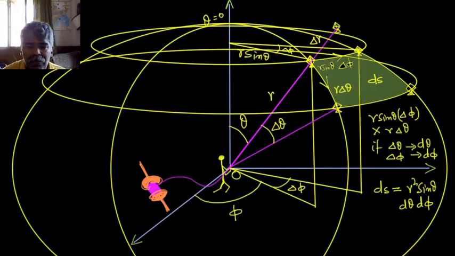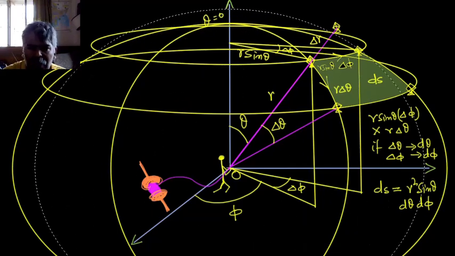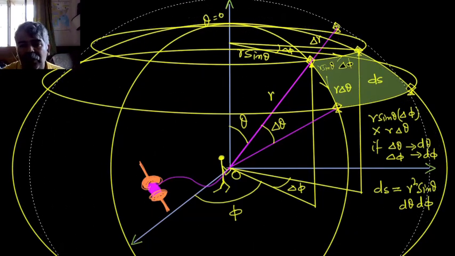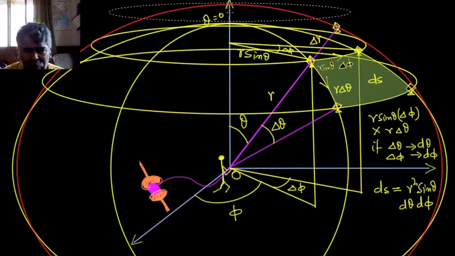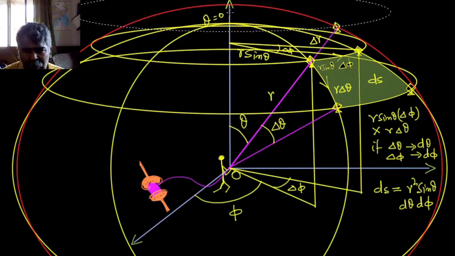Suppose this position, let's do it in some other color, red. Suppose this is the new position of the kite.